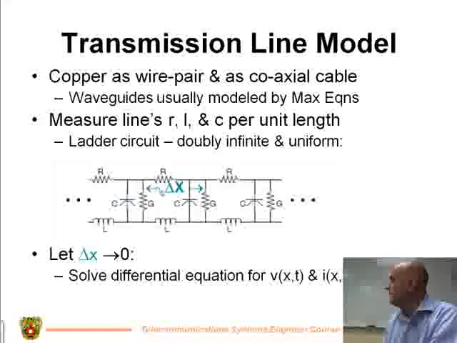Okay, so then we let delta x here, which is the length of one of these little ladder circuits, go to 0. We solve the differential equation for v of x and t and i of x and t, which is v at a particular position and time.